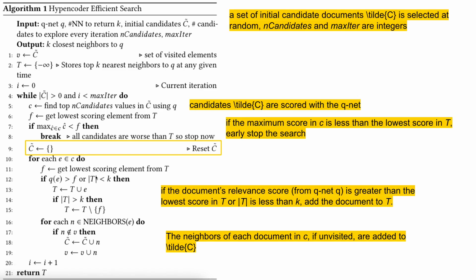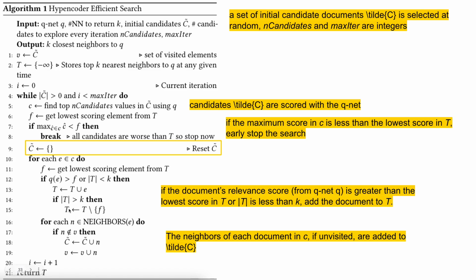Initially I thought, oh, this is kind of like first in, first out, but I don't think that's quite the analogy that we should use here. But it is interesting that over time, if the documents that we're searching exceeds the number that we want to retrieve, K, then we're going to start dropping off the lowest scoring document. So I think over time, the average score of our set T is going to increase.